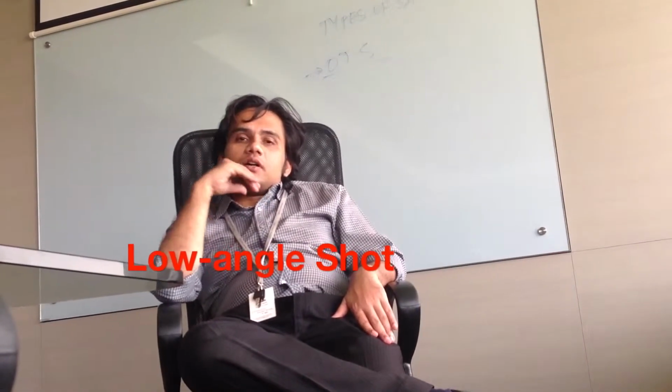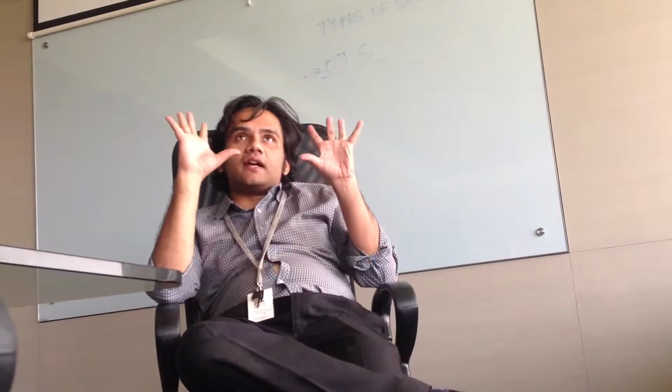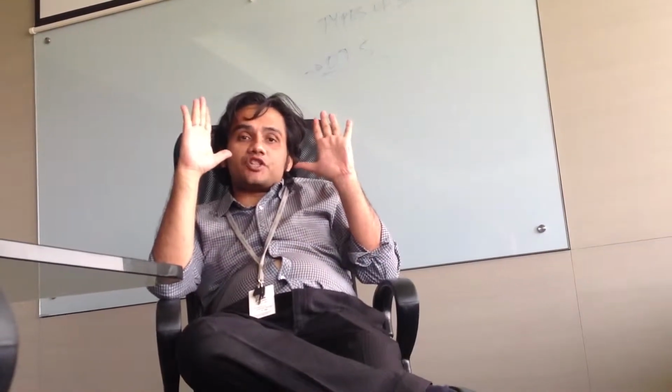Now, this is also a very familiar kind of shot. As you can see, I am at a much higher level, whereas the level of the camera is much lower. This kind of shot is typically called a low angle shot, where you can see the person at a much higher level.